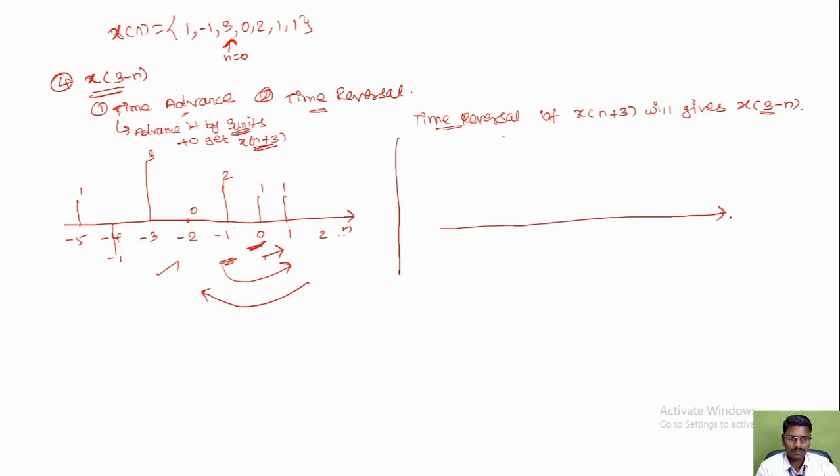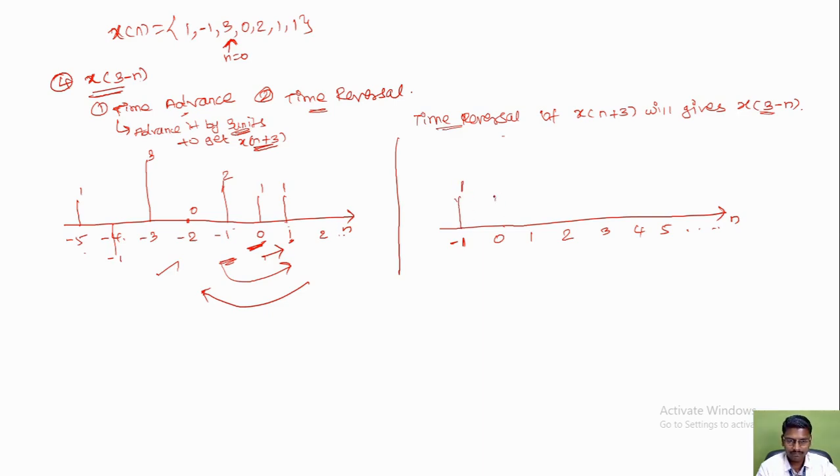Look here: keeping 0 as the center, the sample at plus 1 becomes minus 1. There are 5 samples on the left side, so after reversing I will get the same 5 samples on the right side, at 1, 2, 3, 4, 5, etc.